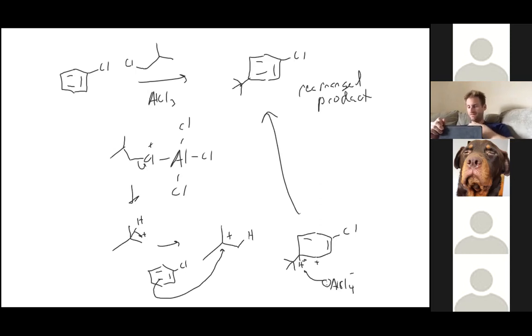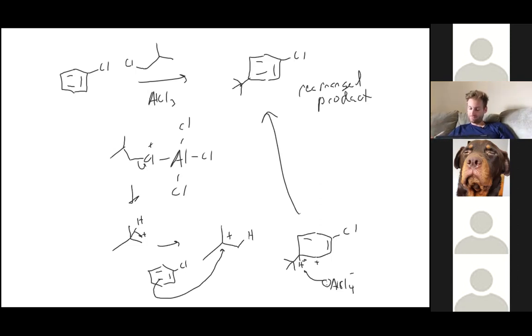So to get around this, we are going to do what's referred to as Friedel-Crafts acylation, and then we're going to be able to reduce it. So this gave us a rearranged product.